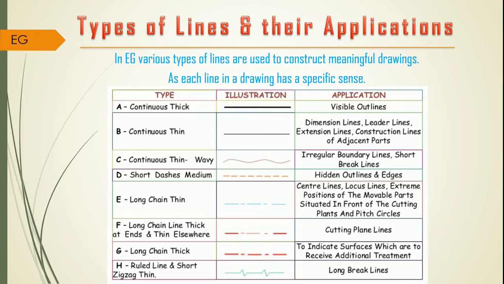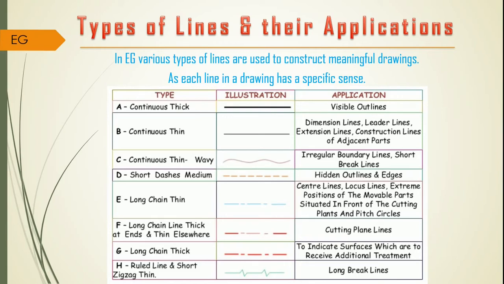As it is a thin line, it has a thickness of 0.2 mm, and especially these lines are used to show the center lines of an object, and the locus lines. If you have to show the pitch circle of a gear, to show that pitch circle diameter, we are using this continuous chain thin line.